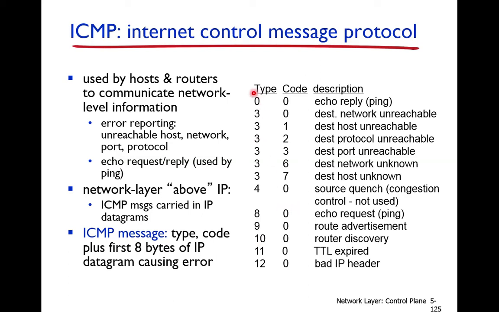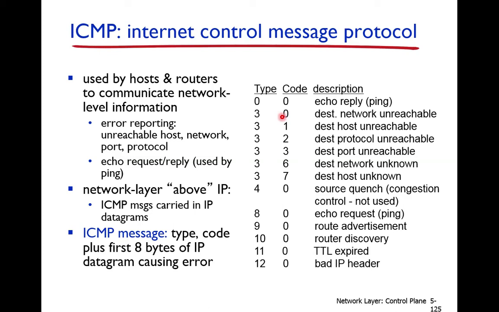So the combination of type and code shows what this message is for. For example, if the type is 3 and the code is 0, this ICMP message means the destination network is unreachable. So we will discuss how this message is generated.